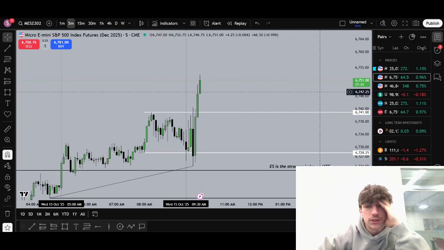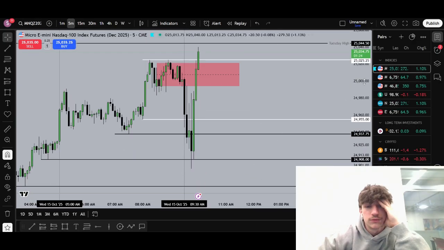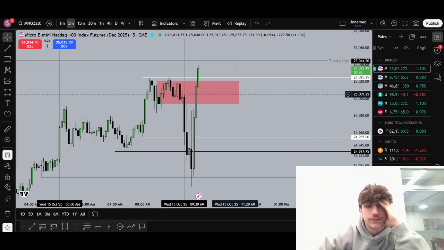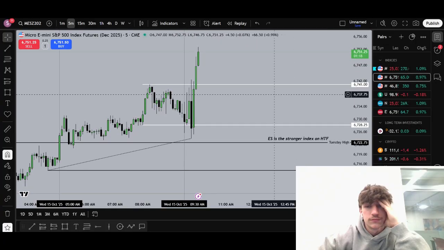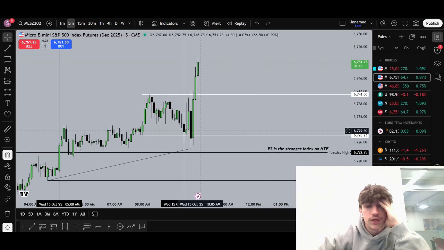We could still take longs here. No bullshit. So we have not got our 5 minute retrace yet.